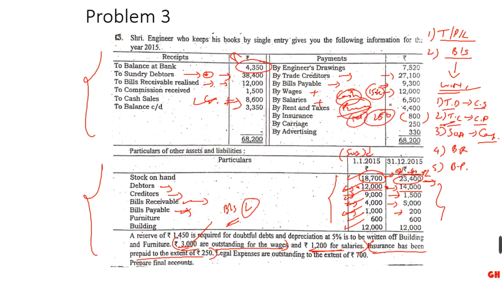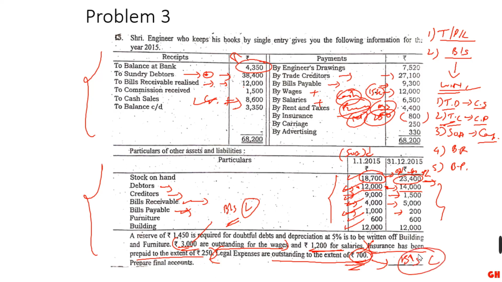This advance will be shown on the asset side, because this 250 doesn't belong to 2015. This prepaid insurance belongs to next year. And legal expenses are outstanding. Shree Engineering was supposed to pay 700 as an expense for 2015, but the entire amount of 700 remains to be paid. This we will show in the balance sheet as a liability.